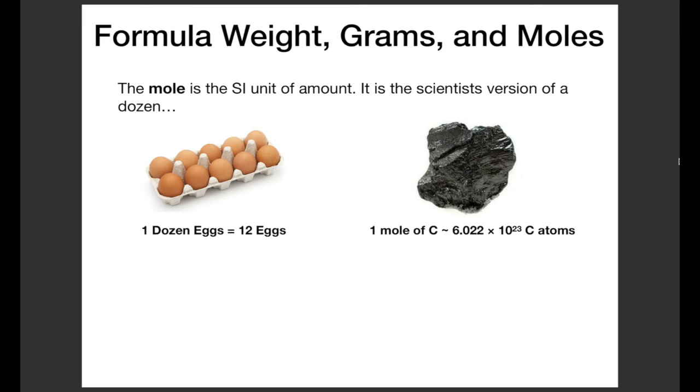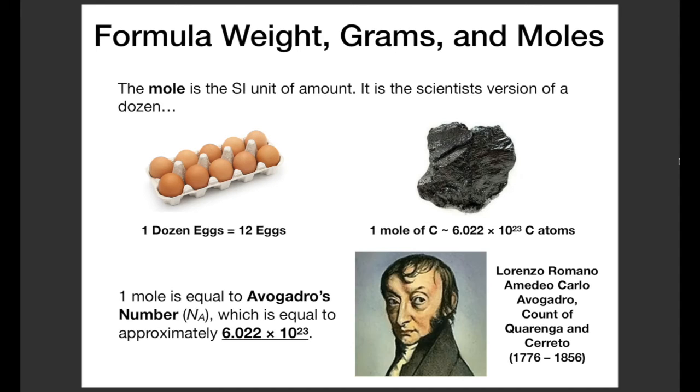So 1 mole of carbon atoms is approximately 6.022 times 10 to the 23 carbon atoms. The number of objects represented by 1 mole is equal to a value called Avogadro's number, which is symbolized as capital N subscript capital A. So Avogadro's number equals 6.022 times 10 to the 23.